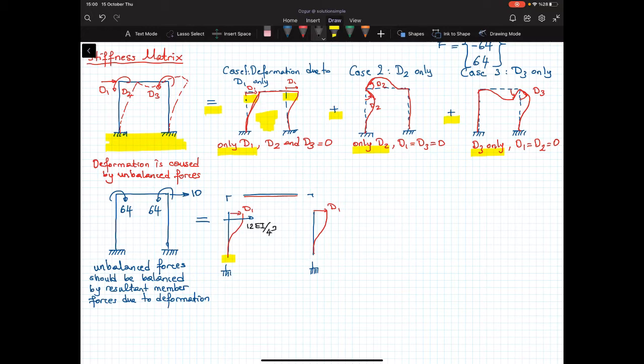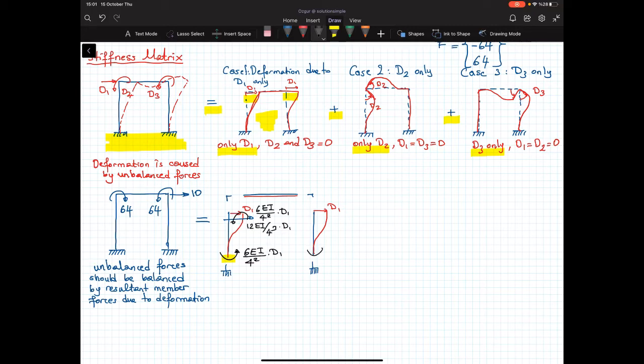The length is 4. The rotation 6 EI over 4 squared, and I should always multiply them with D1. And the force here is again 6 EI over 4 squared times D1.